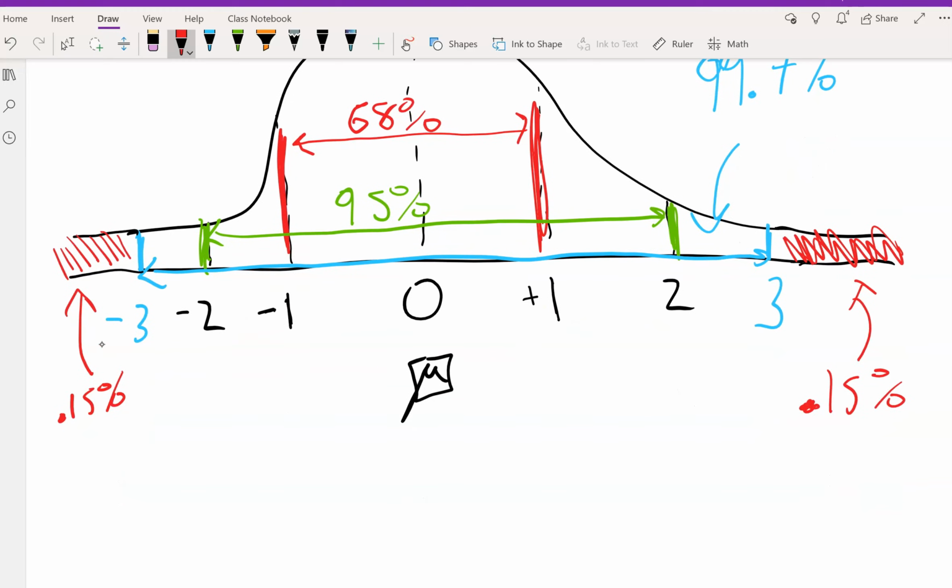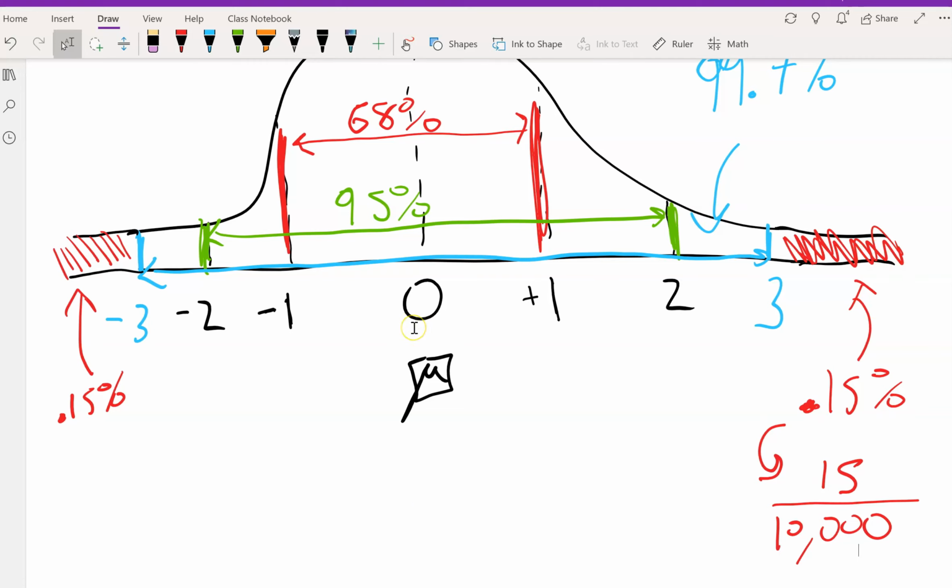That is amazing. Those are what we call the extreme outliers, because think about that as a probability. What is 0.15%? Well, that's 15 out of 10,000. So 15 out of 10,000 will have the characteristic that exceeds 3.